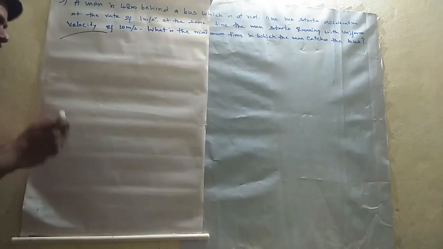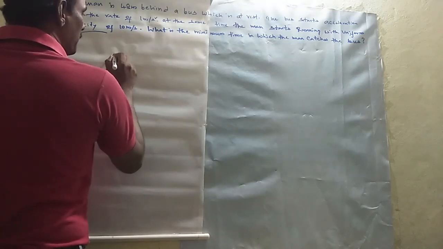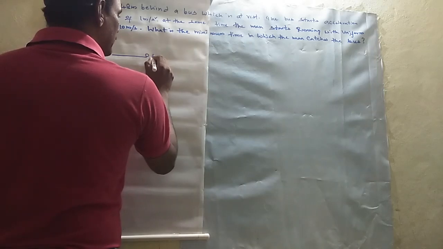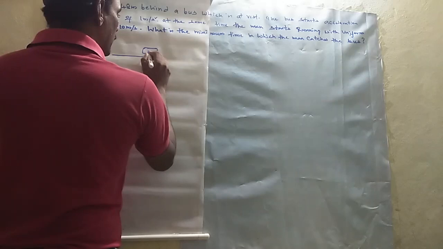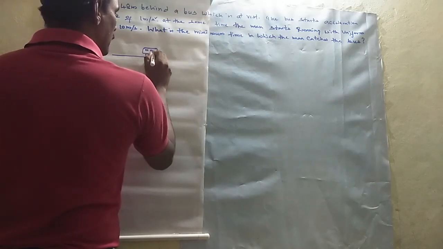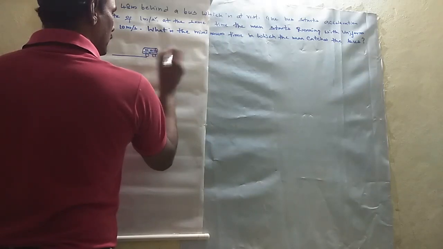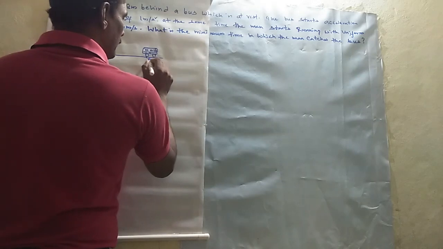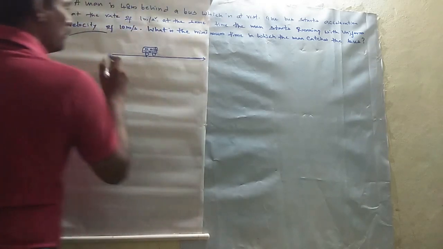Now observe. From the problem, I understood that here one person is there and here one bus is there, and both are moving like this.